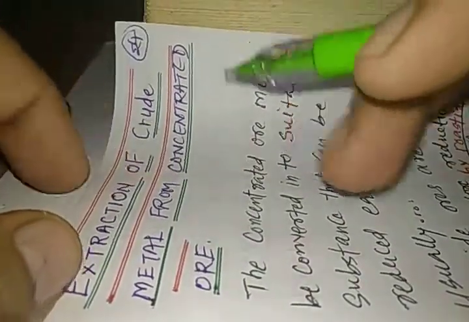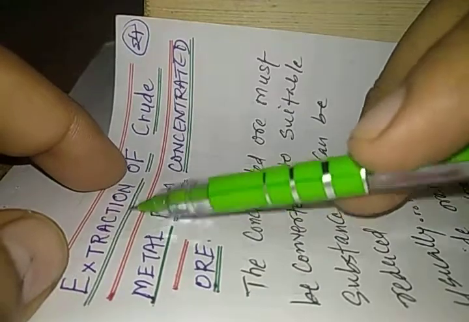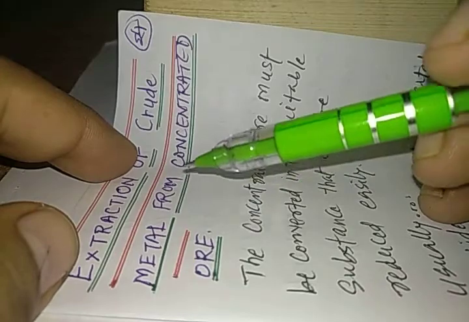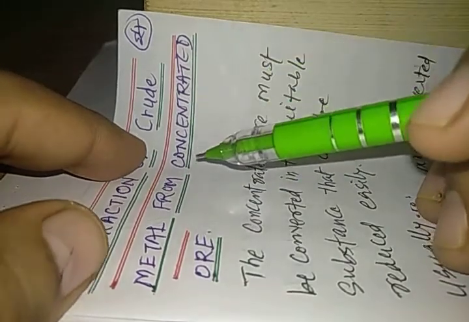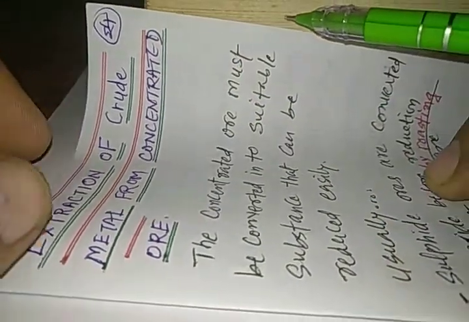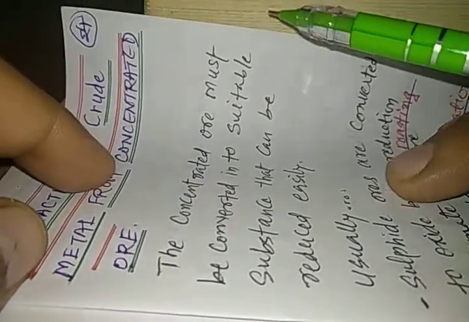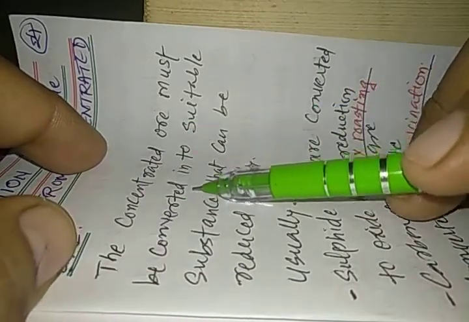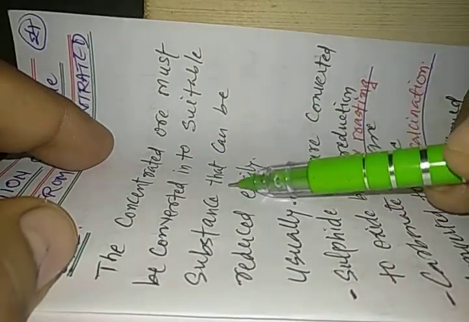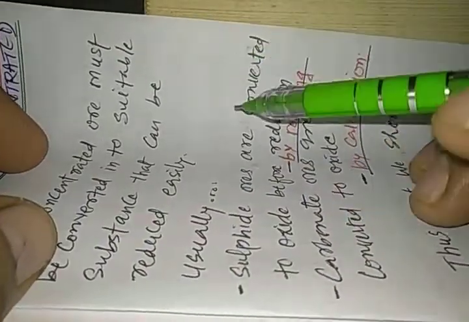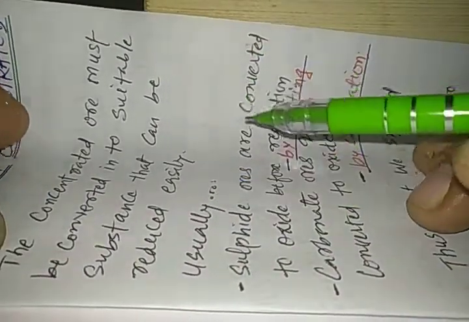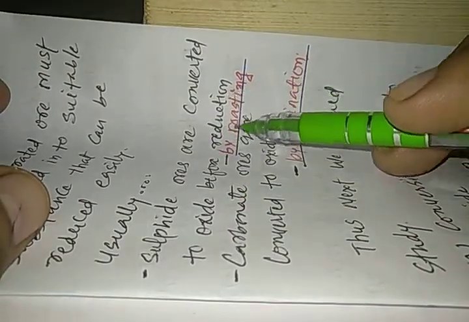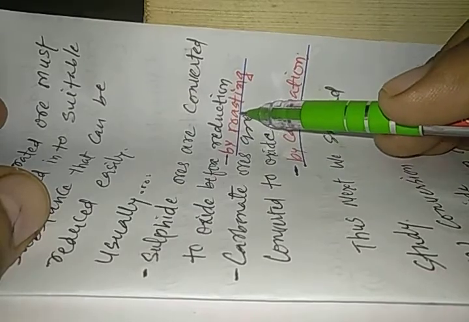Now we have the next topic, which is known as the extraction of crude metal from the concentrated ore. We have learned various methods for the concentration of the ores. Now we are going to study the extraction of crude metal from the concentrated ore. The concentrated ore must be converted into a suitable substance that can be reduced easily. Usually, sulfide ores are converted to oxides before reduction by the process known as roasting.